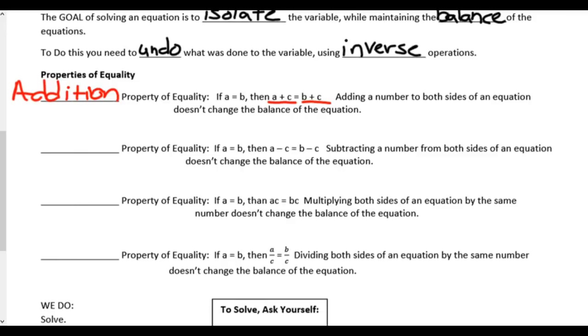Similarly, on the next one down, if I were to subtract the same number from both sides of the equation, it won't change the balance of the equation. This is our subtraction property of equality. Next one down, if I were to multiply by the same number on both sides of the equation, like c onto the equation a equals b on both sides, that's our multiplication property.